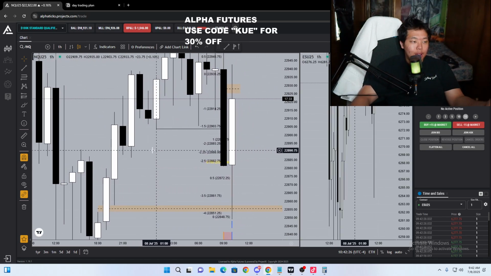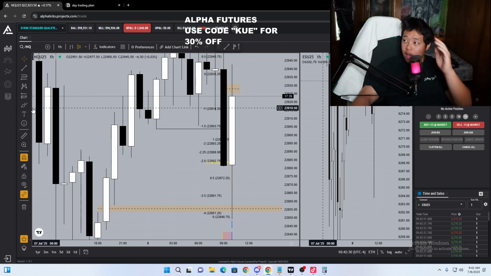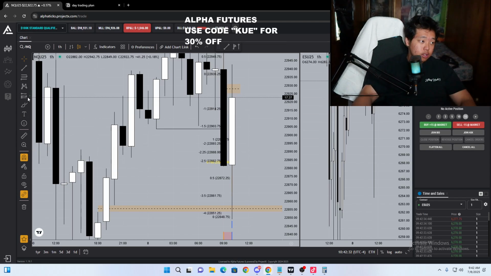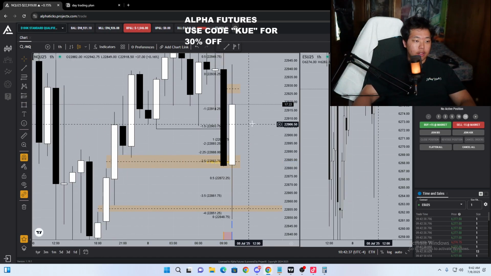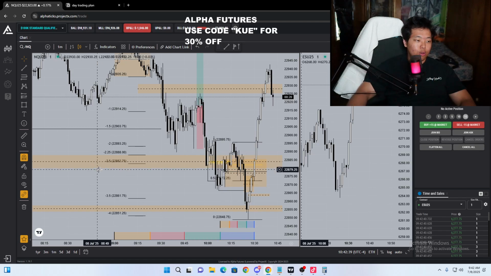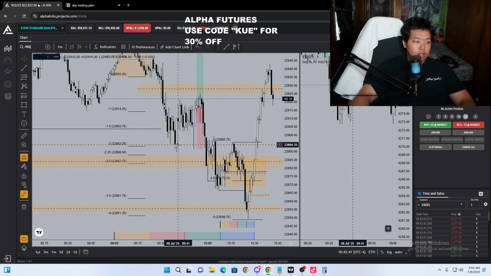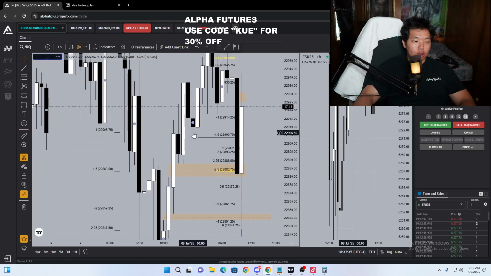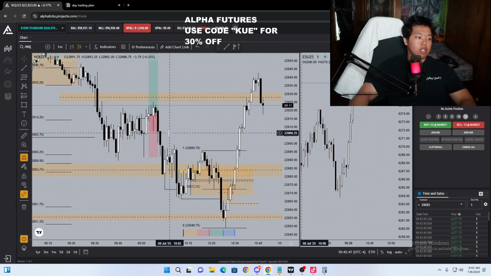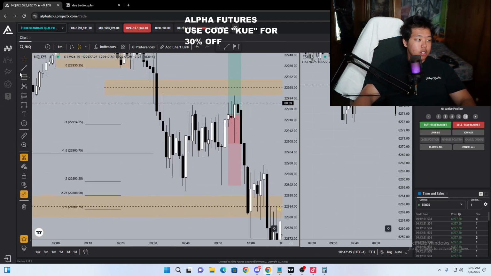So basically, what happened here was, I'm only using fair value gaps and highs and lows. This was my key level at that time. Price here had SMT divergence, and I'm pretty sure we had an hourly SMT. Oh, no, we had no SMT here, but we did have SMT internally between ES and NQ.